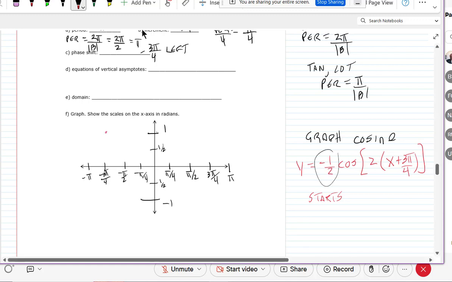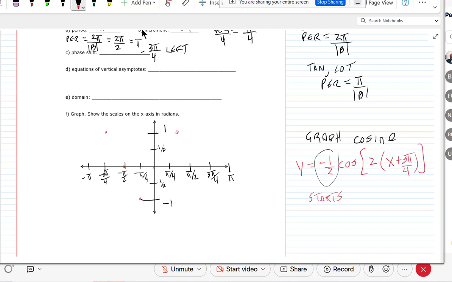Then I'm going to cycle through the key points on a cosine. You have the max, a midpoint, a minimum, another midpoint, and then we get back to a max. That's 1, 2, 3, 4, 5 key points. That's what's going on in the problem.